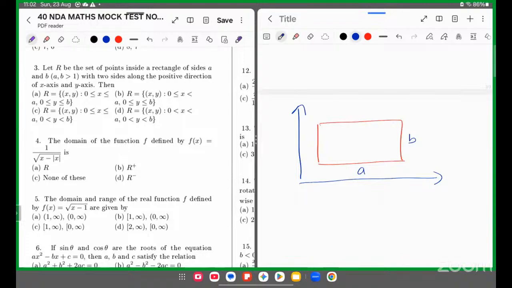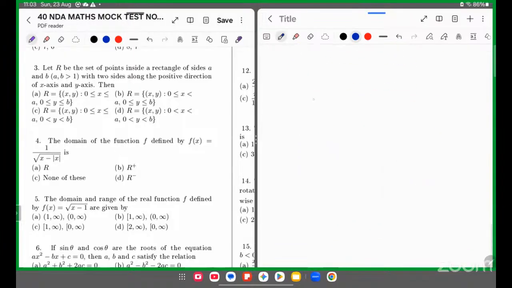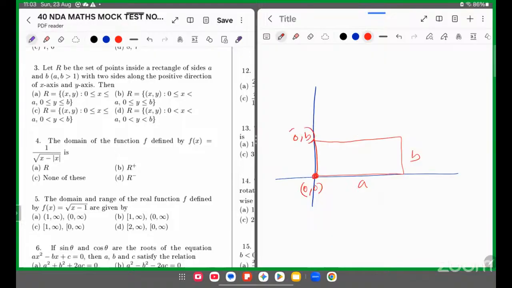Then x comma y. So this point can be considered as follows; I can draw like this. This is A, this is B. So this is 0 comma 0. This is 0 comma B. This is A comma 0.